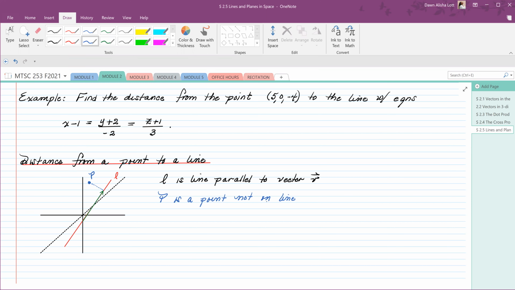So choose a point on the line, call it P naught. If I choose a point on the line right here, this is my point P naught. So P naught is a point on the line.